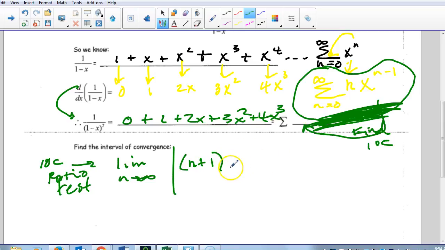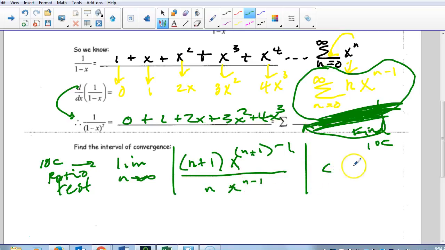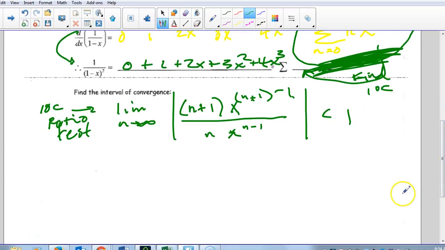So let's see, x to the, I'm substituting n plus 1 everywhere I see an n in the underlined green ugly thing. n plus 1 minus 1 over the original. This is not a complex fraction, so that's kind of nice. n x to the n minus 1. Okay, we got to make that less than 1. Otherwise, your ratio test does not tell you it converges.